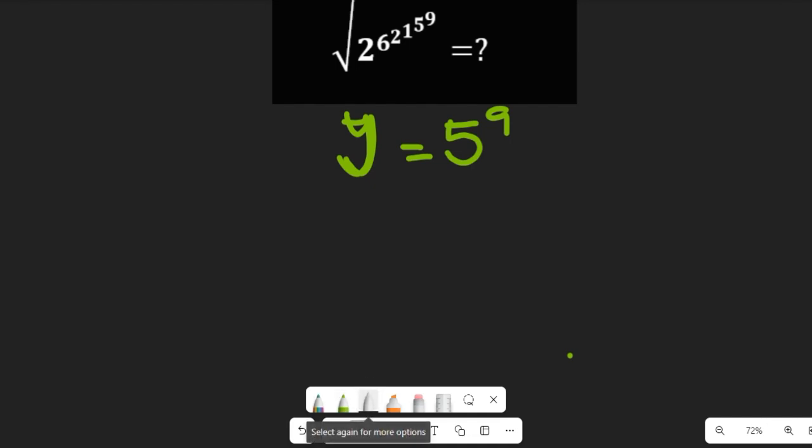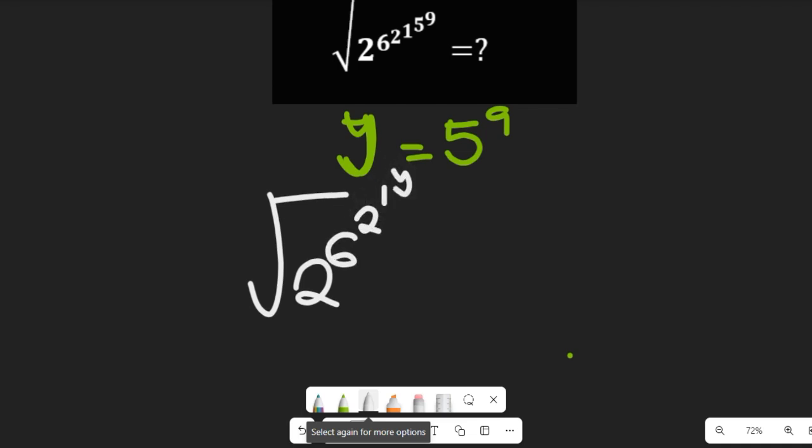That will now give me the square root of 2 to the power of 6 to the power of 2 to the power of 1 to the power of y. Great. Now, in my next assumption, I'm going to assume that my 1 to the power of y is equal to, let's assume, 1.